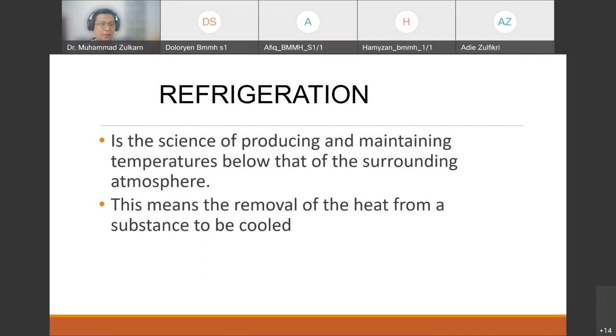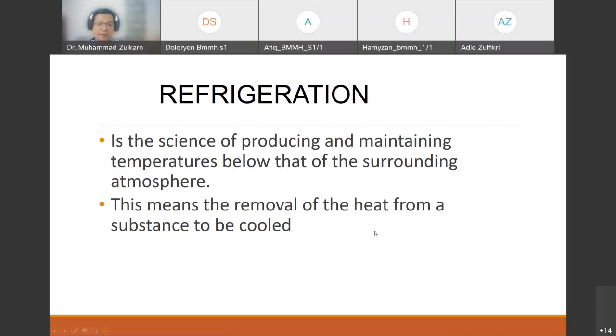So first, what is refrigeration? Refrigeration is the science of producing and maintaining a temperature below that of the surrounding atmosphere. This means the removal of heat from a substance to be cooled.